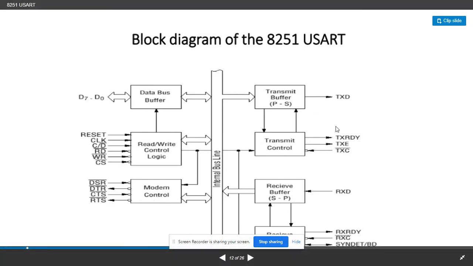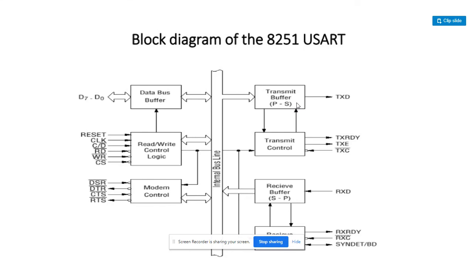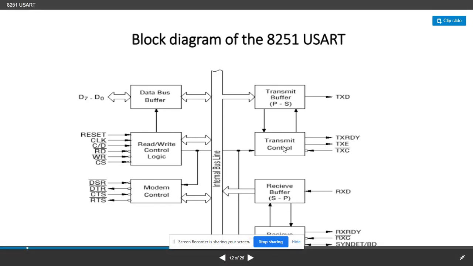This is the transmitter section. This is the transmit buffer that buffers the data that is to be transmitted. This is the transmit control section that controls the serial transmission by the transmit ready signal, transmit enable signal, and transmit control signal. Transmit ready and transmit enable are output signals, and transmit control is the input signal that controls the transmission of serial data.